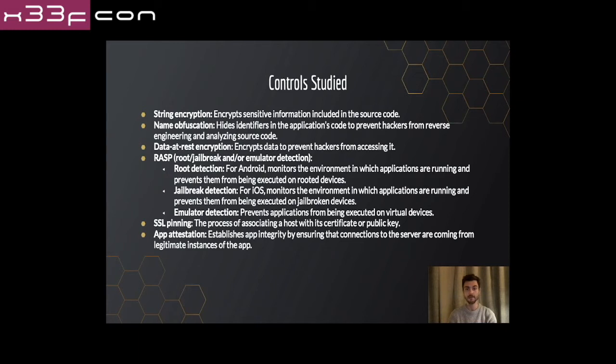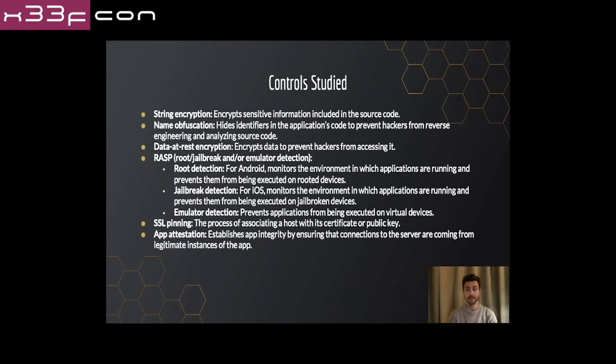Now, we are really going to be taking a look at two features in particular. That's going to be root detection and jailbreak detection. Those are the equivalent feature on either platform, Android and iOS. And of course, these forms of runtime checks are going to ensure at all entry points in the application that if it is opened, ideally it should crash on a jailbroken or a rooted Android device.